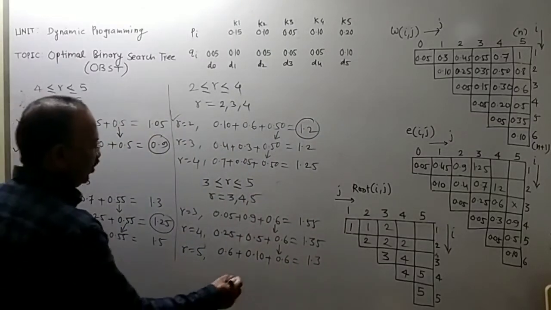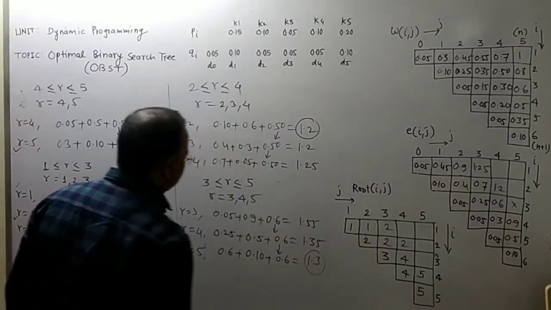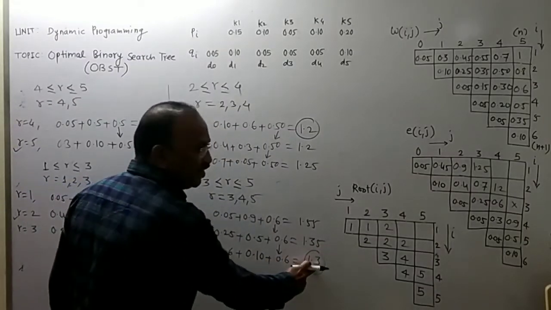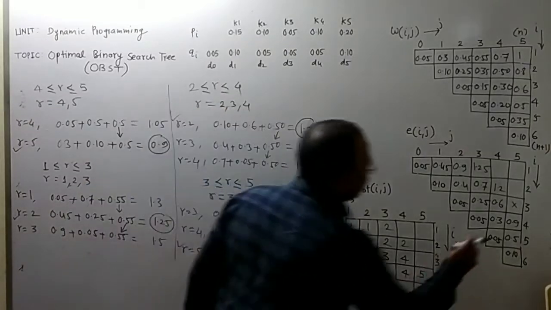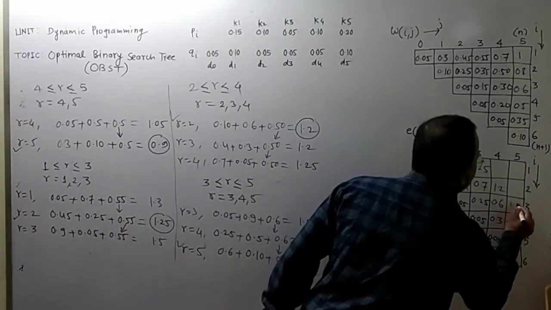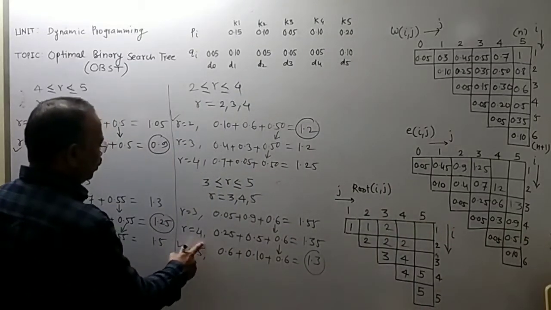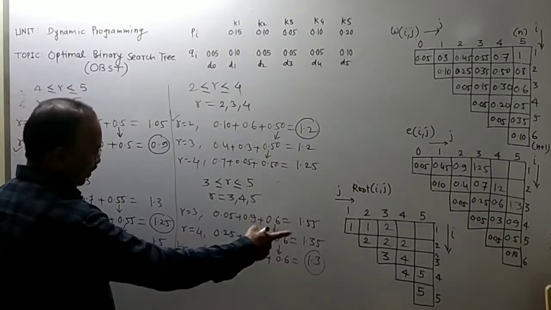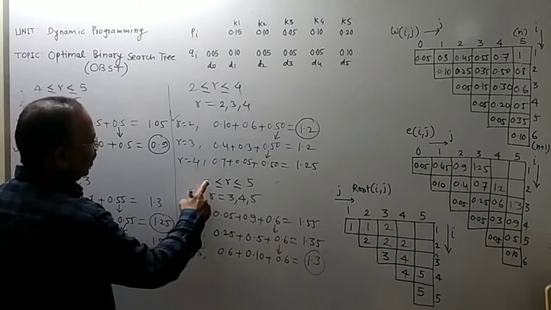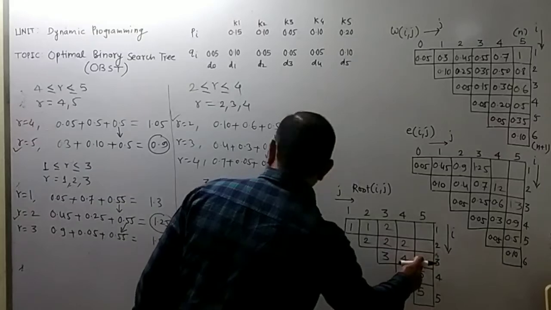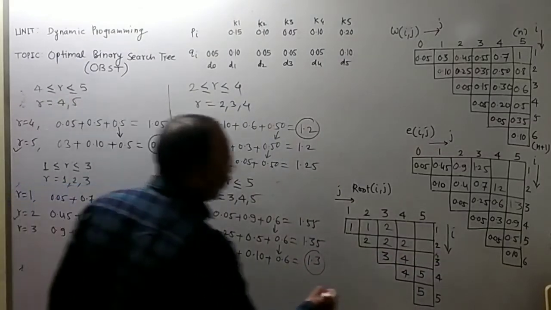So out of this, the minimum is 1.3 for R is equal to 5. Put 1.3 in the E table here, 1.3, and R is equal to 5. Put this value in the root table at the 3, 5 place. So that is R is equal to 5.